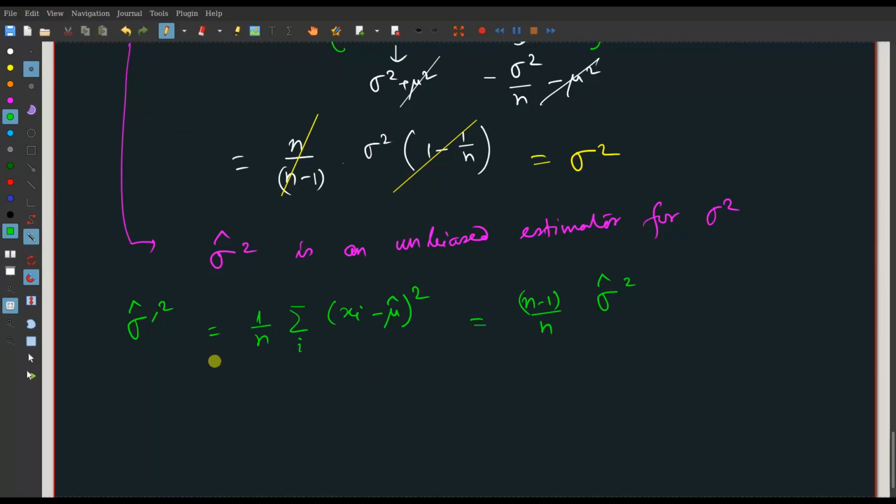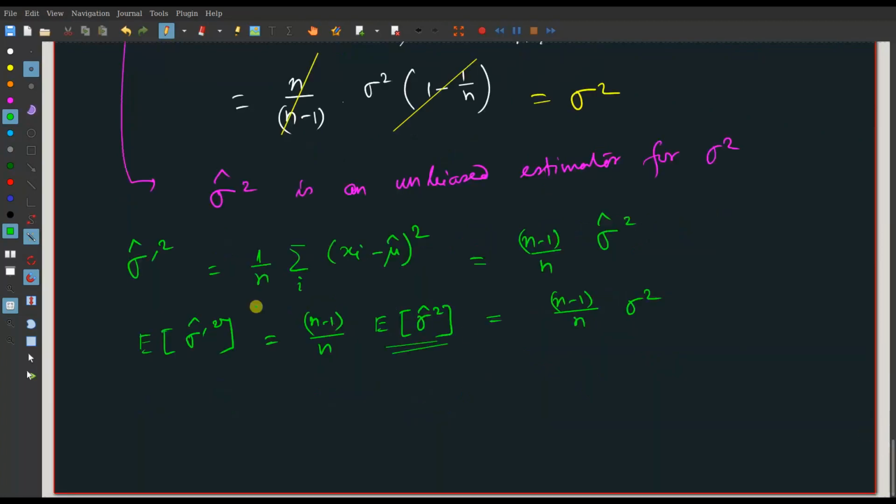If you try to calculate the expectation value, since the expectation value of sigma hat square is sigma square as I showed you, this is n minus 1 by n times sigma square.